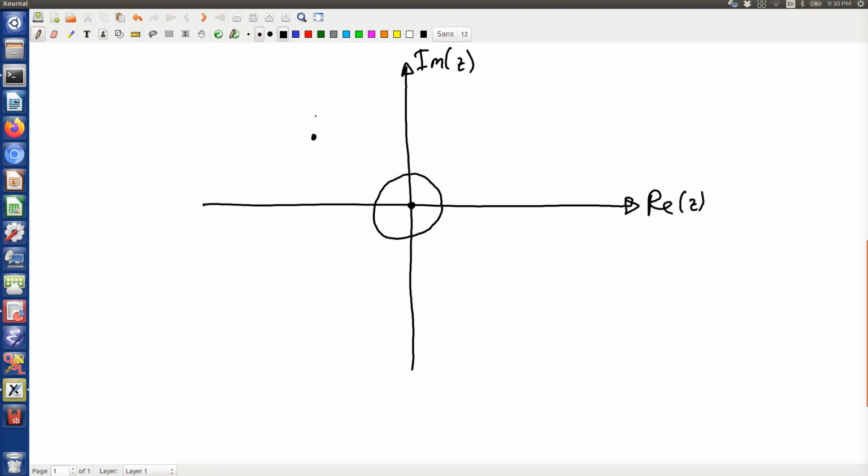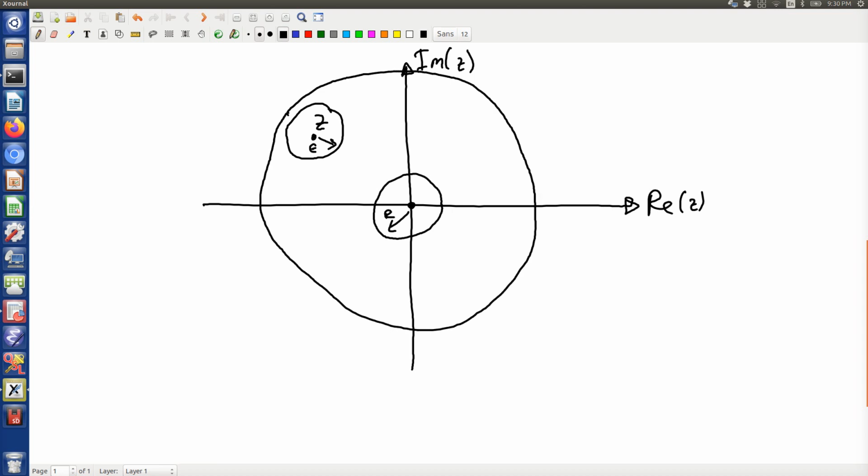Here's the point z that we're interested in. We're going to take that point z and draw another circle. Let's pick a different radius, and call it radius epsilon. We can vary that epsilon however we like. And that fits inside a larger circle. I don't really care to mark the radius because we don't need it.